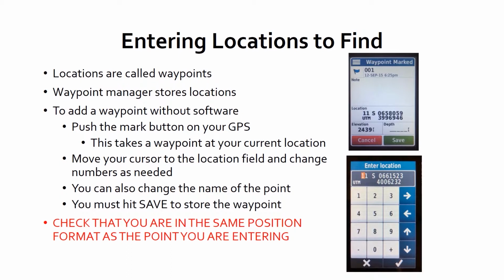Okay, so this is taking a point at your current location, which if you're inside, it's not talking to your satellites and it's confused, but if you're outside, you'll get a more accurate reading. So then that's not where you want to go because you're already there. You want to move your cursor or point your finger to the location field and change the numbers as needed. And then you can also change the name of the point.